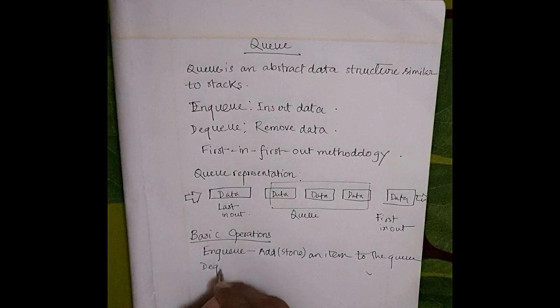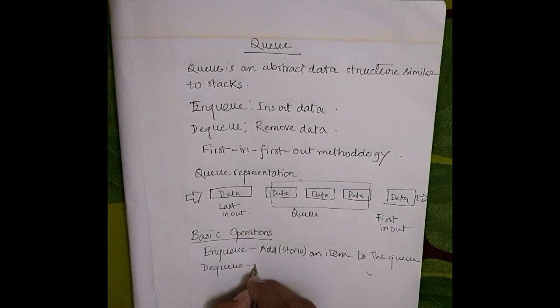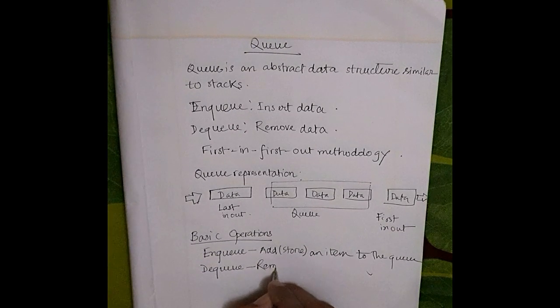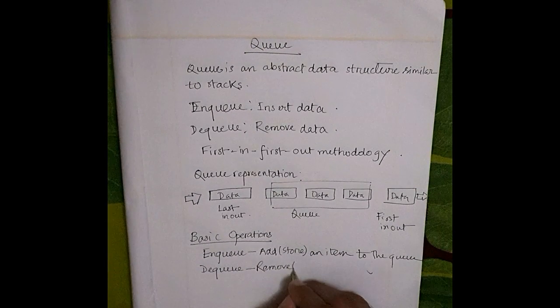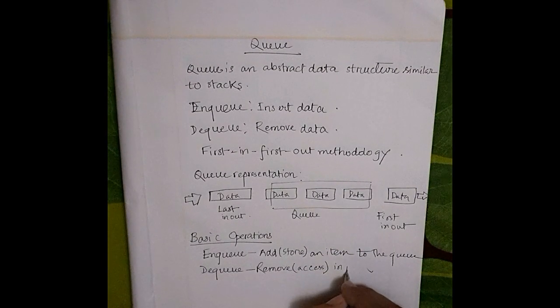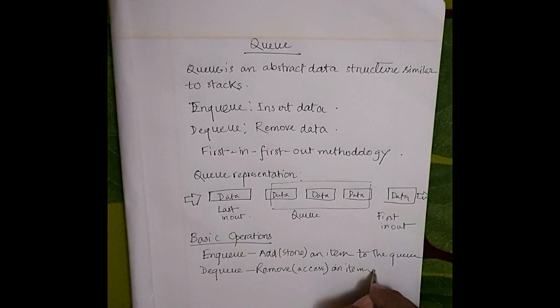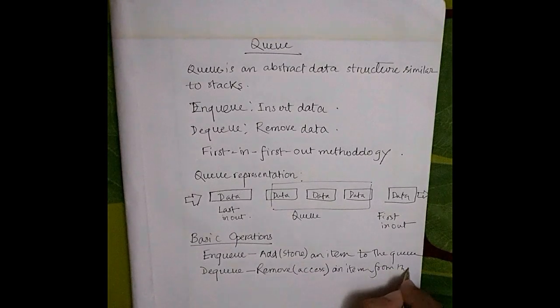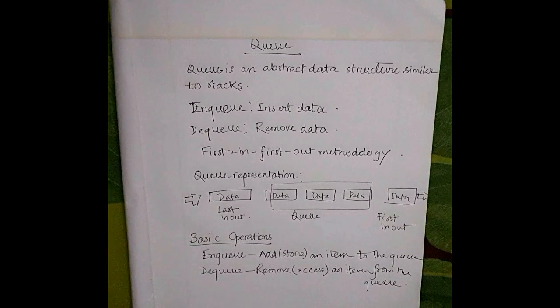What about dequeue? It actually removes, or you can say accesses, an item from the queue. Okay, a few more functions are required to make the above mentioned queue operations efficient.